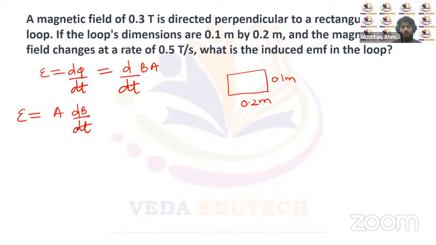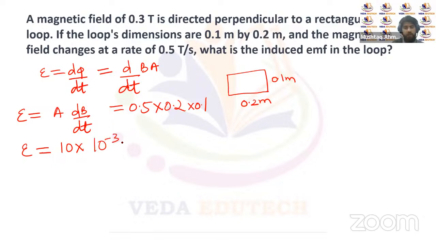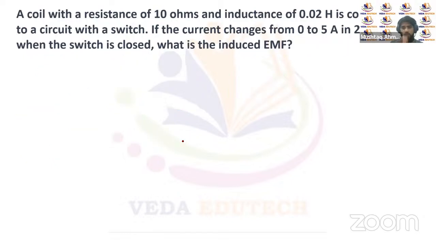The rate of change of the magnetic field is 0.5 Tesla, so dB over dt is 0.5. We write 0.5 multiplied by the area, that's 0.2 multiplied by 0.1. It will be equal to 10 multiplied by 10 to the power minus 3, or we can write it as 10 to the power minus 2. This is the induced EMF in this loop.